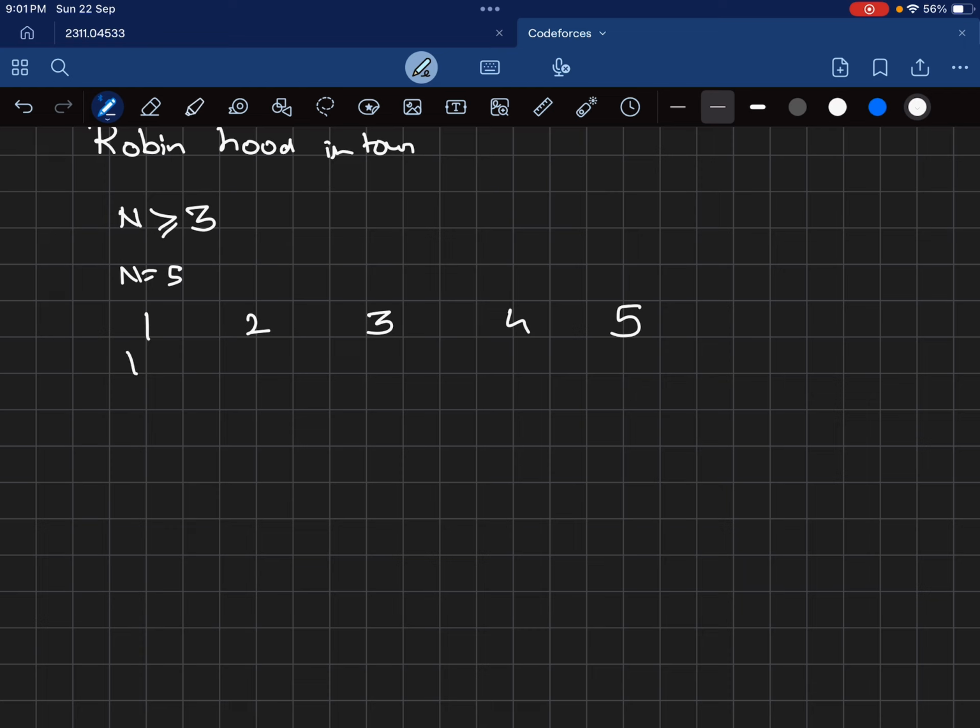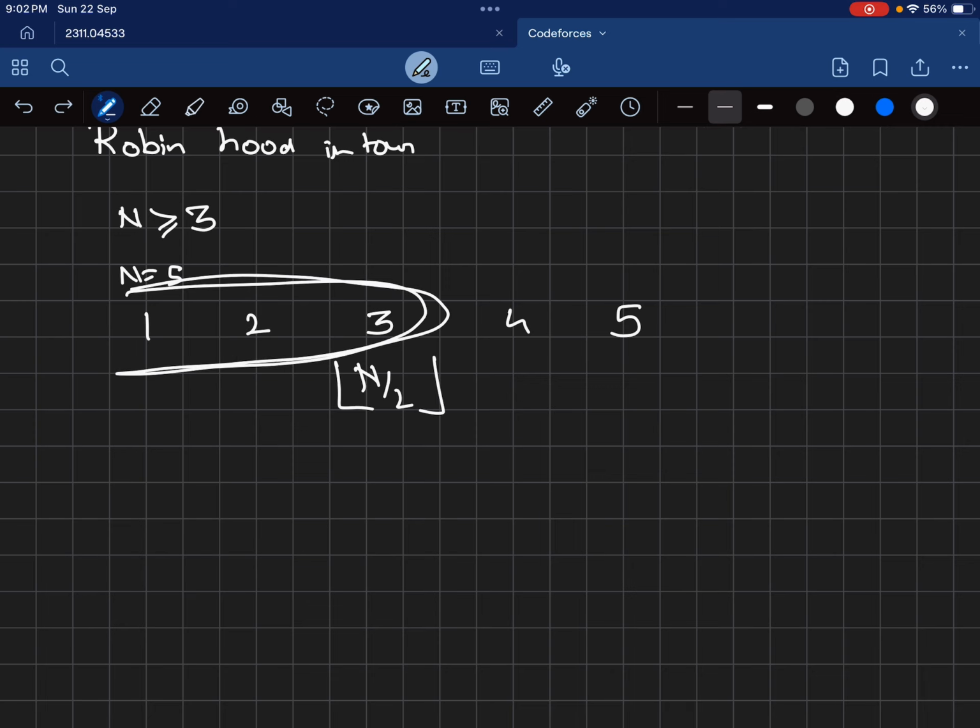So now you can see that this array is in sorted order, and we can say that when the ceiling of n by 2th person gets dissatisfied, which means everyone behind him is also dissatisfied.